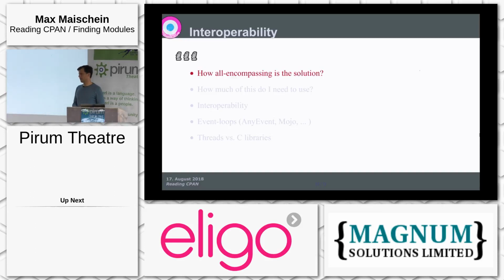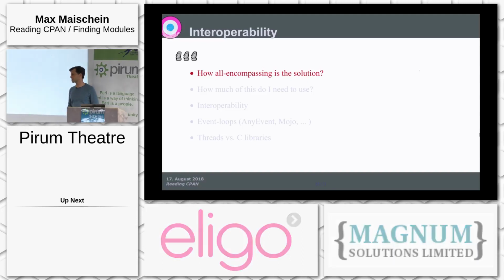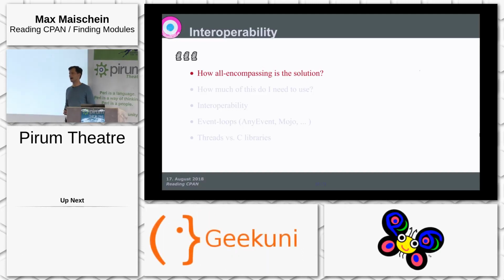On a more general level of interoperability, I really like to look at how all-encompassing a solution is. Like, does the library or the framework expect that all objects derive from a common ancestor?